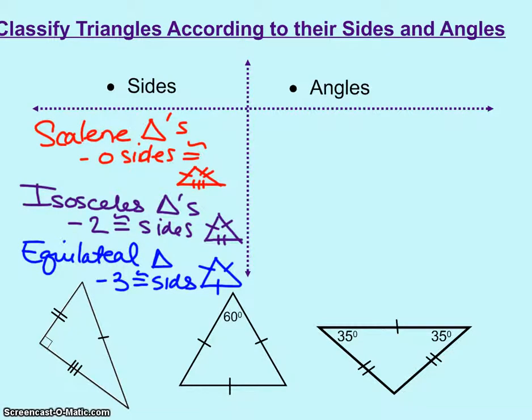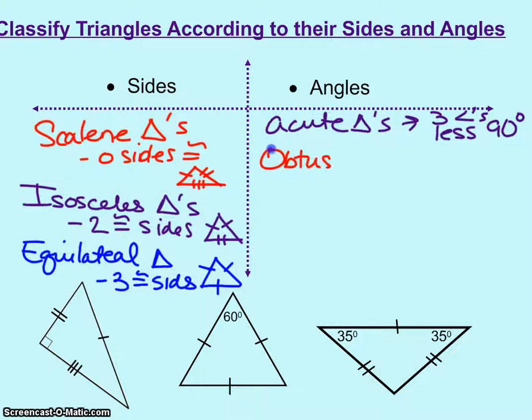Now, when we're talking about angles, we can classify those in actually 4 different ways. We have triangles that are acute. That is a triangle that has 3 angles less than 90 degrees. Then we can talk about a triangle that is obtuse. Obtuse triangles are triangles that have 1 angle that's more than 90 degrees.